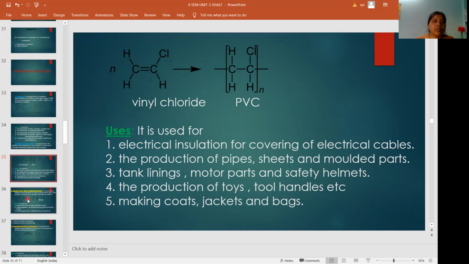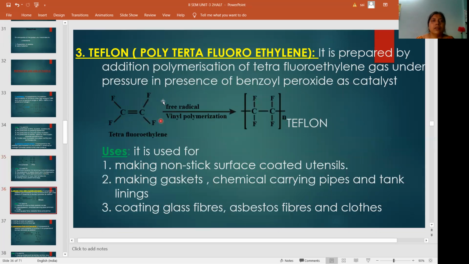That's it. Then next, here 4 hydrogens are replaced by 4 fluorines. If you remember this name, you will get the monomer, polytetrafluoroethylene. On ethylene group, 4 fluorines are there. So double bond broken and n number of tetrafluoroethylenes are added.